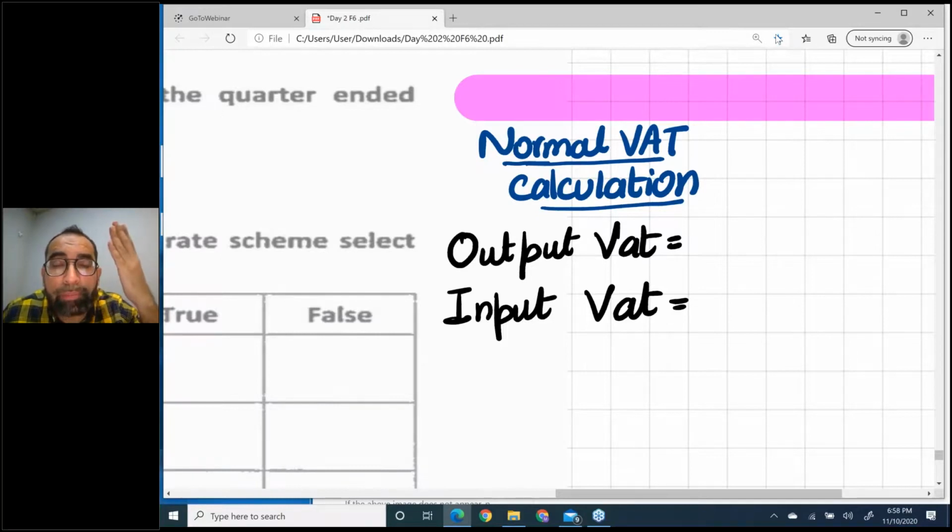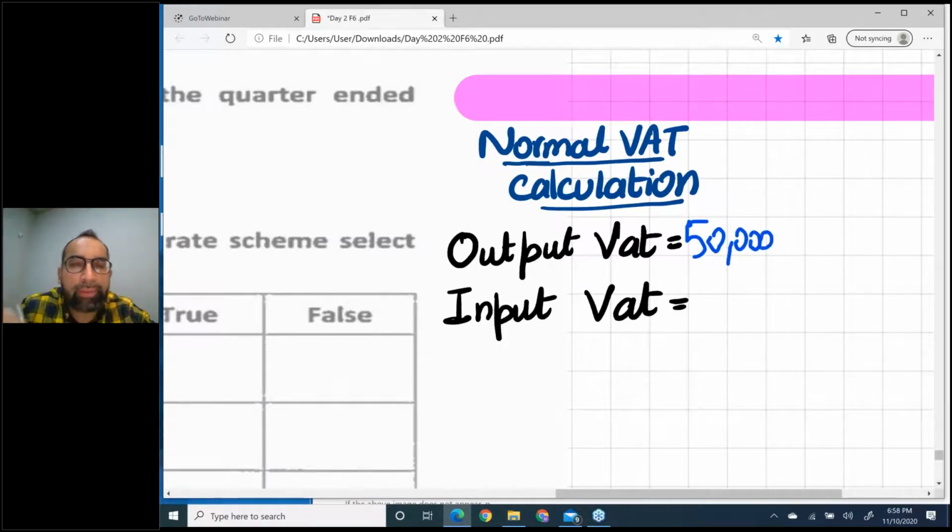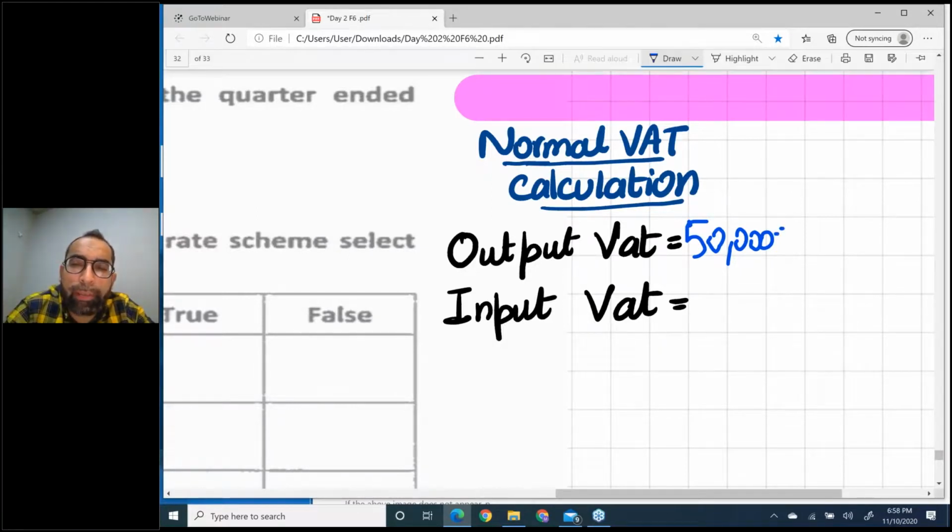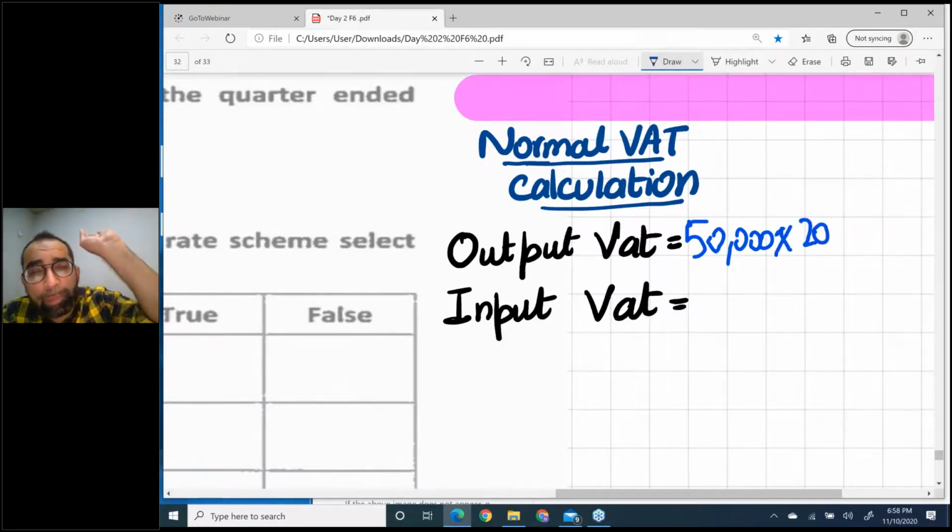Hope you remember I taught you, right? So how much is your output VAT? You have standard rated sales of 50,000, and for standard rated sales, yes, we have to calculate output VAT. Do you remember? It's inclusive. They have written inclusive. So for inclusive, you write 20 upon 120. I hope this is basically an F3 topic.